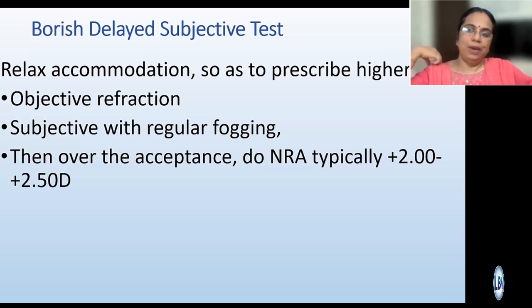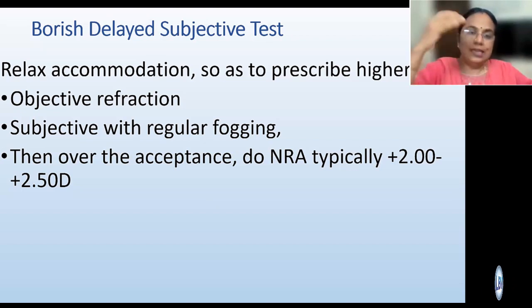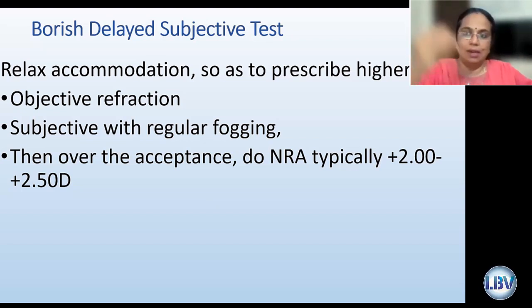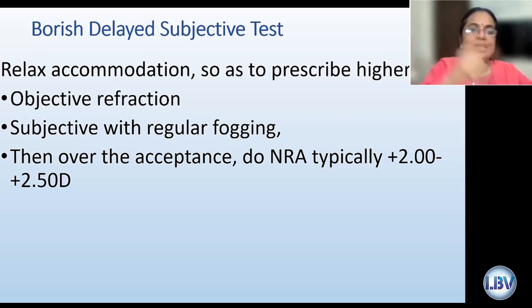Now, the NRA typically is between 2 and 2.5 diopters. But if you find that the NRA is exceeding this value, so instead of +2.5, this patient is still saying things are clear with 3.25, then you know they're either undercorrected by that +0.75 if they're hyperopes, or the minus has been given more before and therefore it has to be reduced finally when you do the subjective.